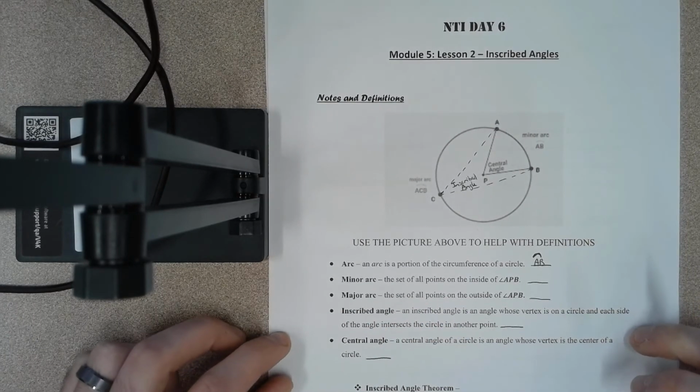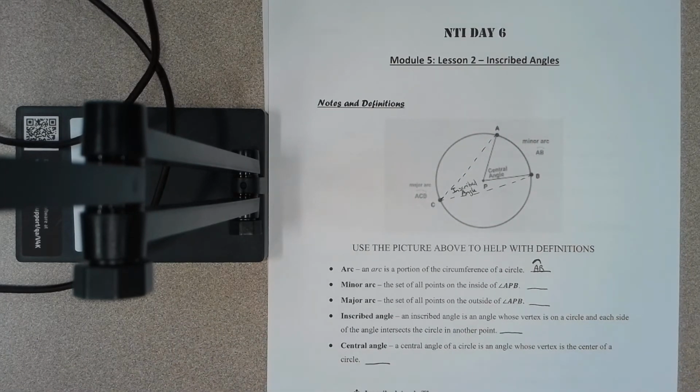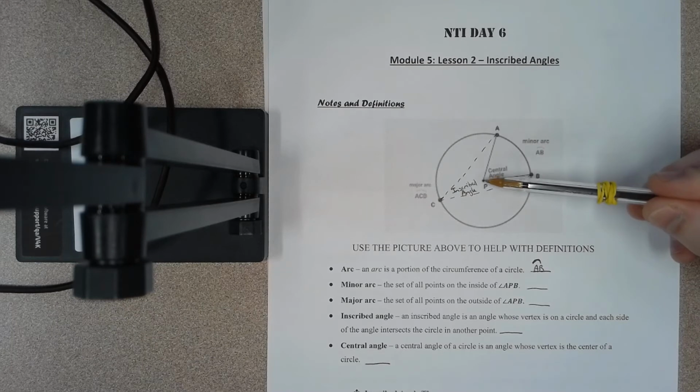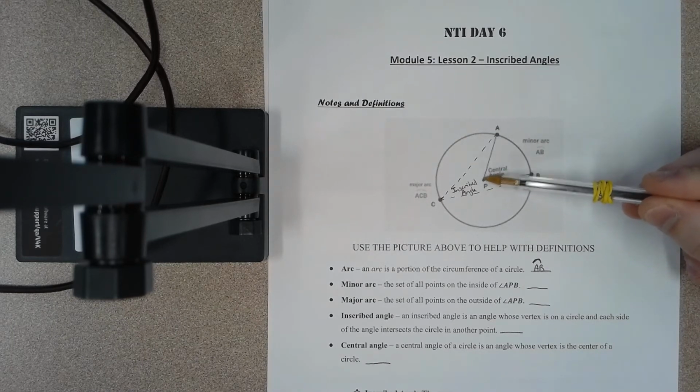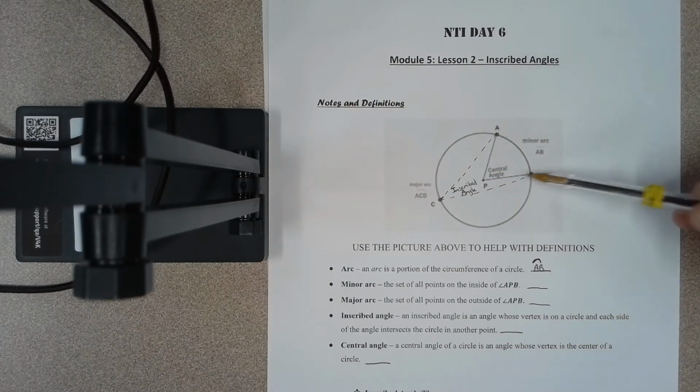There are what are known as minor and major arcs. Right here we have the center P, and we have this central angle going from P to A and then from P to B. We see this angle that forms here, this little slice of pie.